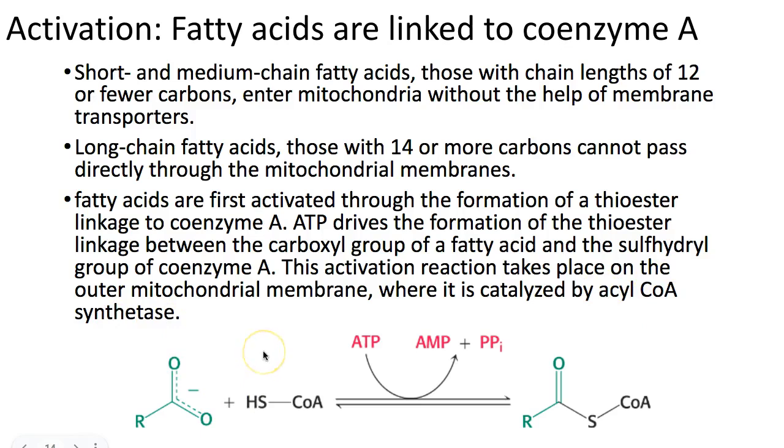And so it goes through a two-step process in order to finally get to this activated form of the fatty acid, and notate that this is an ATP dependent type of enzymatic activity, releasing AMP and a phosphorylated group.